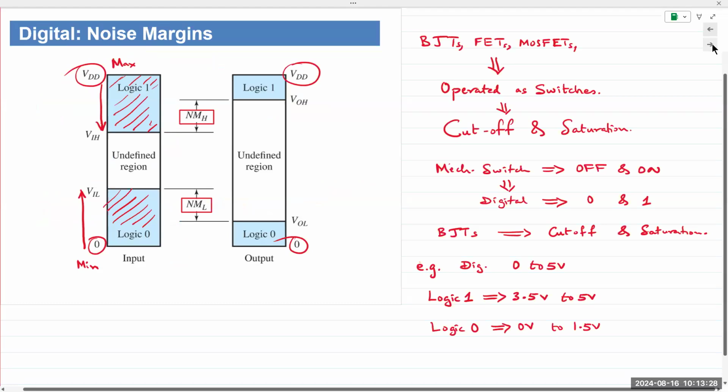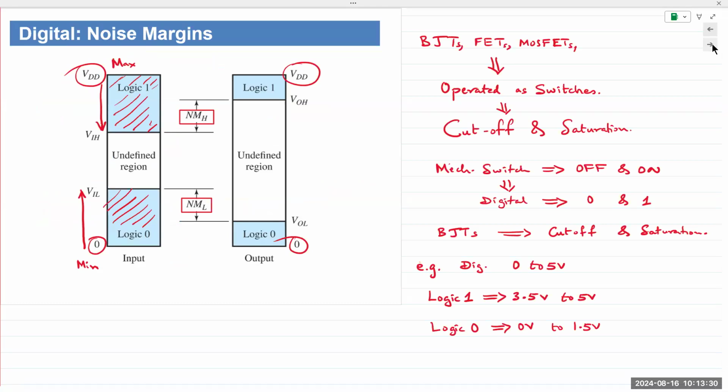When we create a digital system, we have certain noise margins. Noise margins means there's a certain portion of the voltage that we consider as high, and a certain portion of the voltage we consider as low.